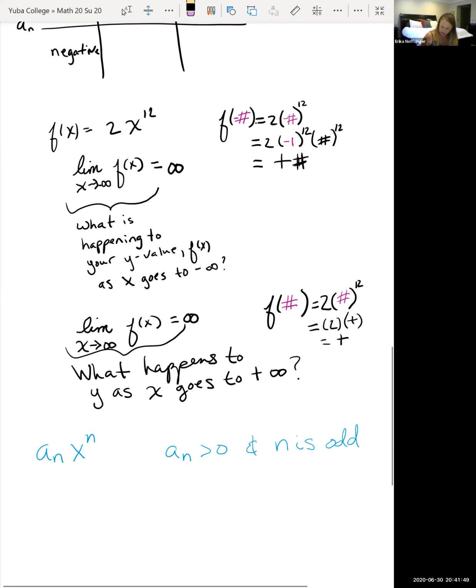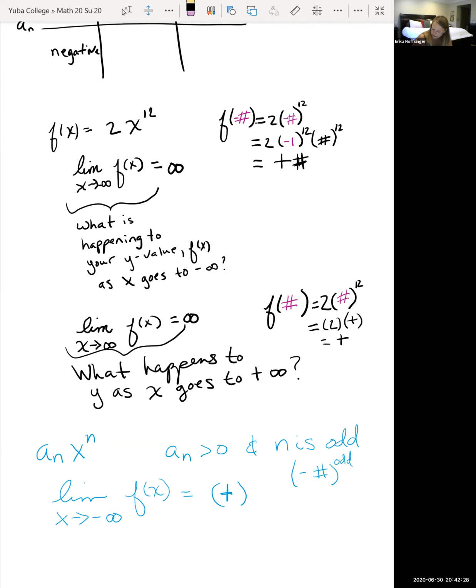So if we're looking at the limit as x goes to negative infinity of our polynomial f of x. So basically you have a positive number because our coefficient is positive. Now think about it. If you raise a negative number to an odd power, this is equal to a negative number.